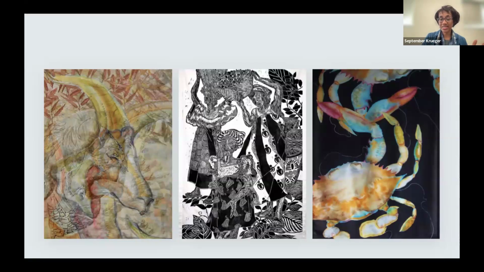The print in the center is part of a steamroller block printing event. You don't have that kind of event without relying on other artists in your community. It's held within our university, and it is an opportunity for many artists to work together because the block is 5 feet in scale.